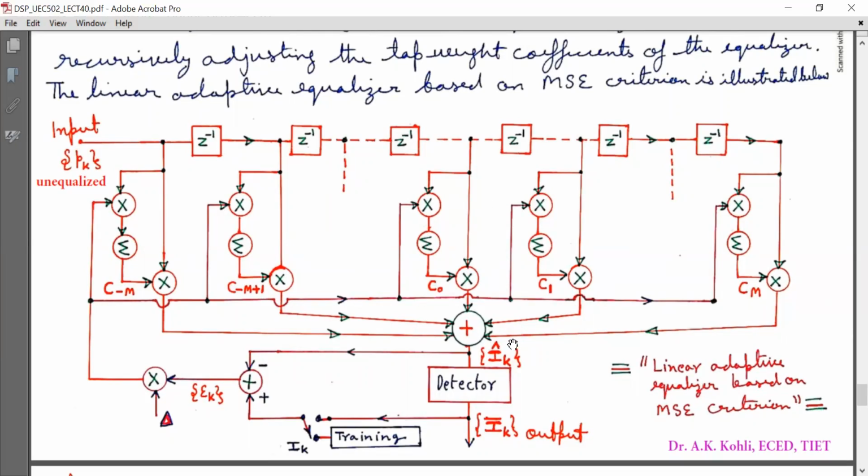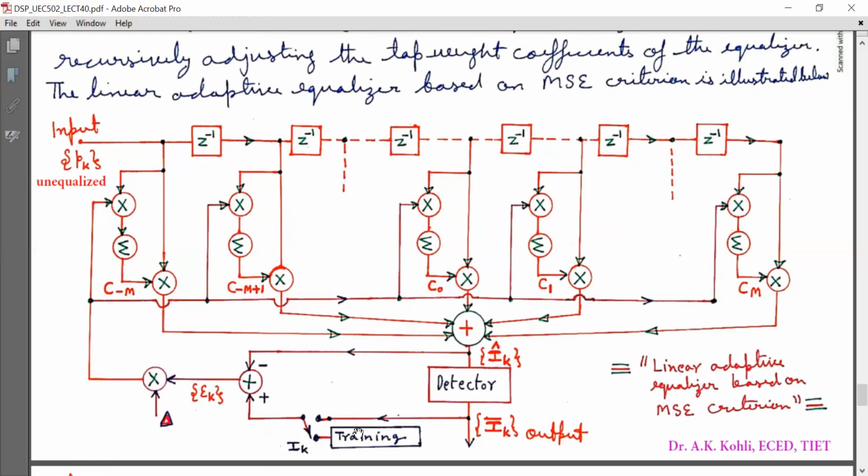The output of this transversal filter is I cap k, and here is the detector, which gives us the detected symbol I bar k. As discussed earlier, this is the training sequence generator, and when the switch is here, it will give I_k. Now here I have e_k = I_k minus I cap k, which is multiplied by delta and fed to this.